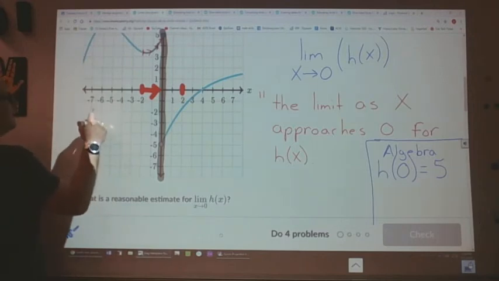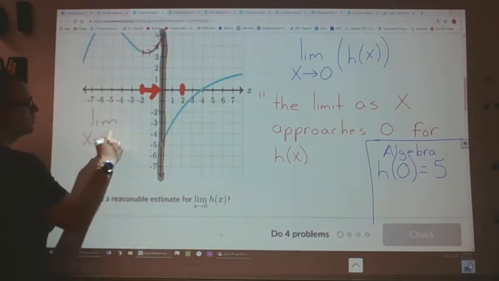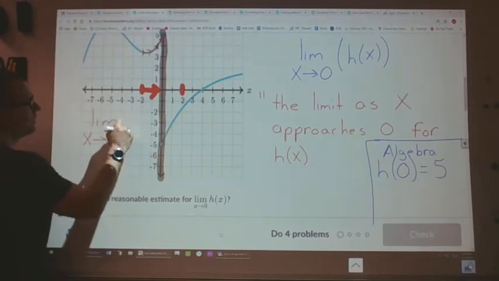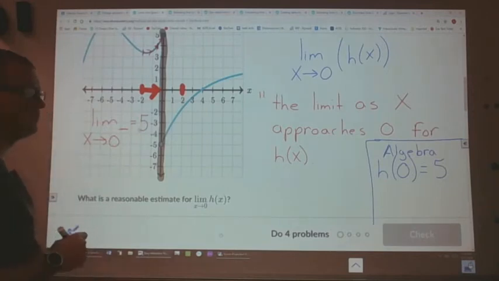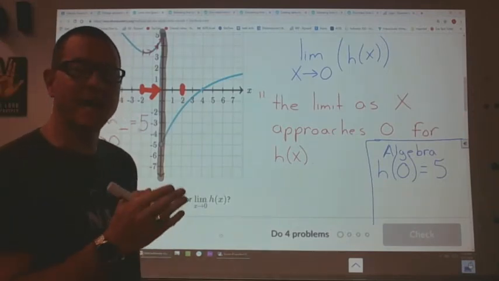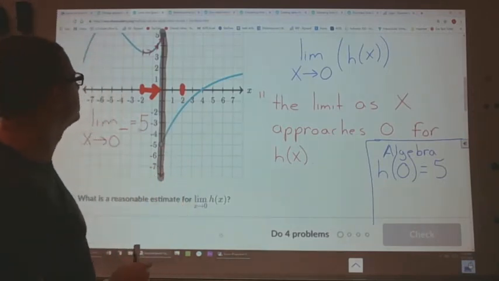So we would say the limit as x approaches 0 from the left is 5, using a negative to indicate direction left.